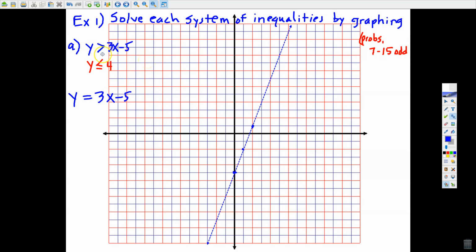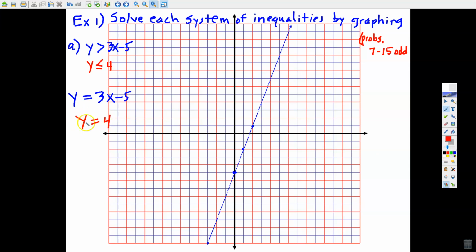Greater than, remember, refers to above the line. So if I was shading right now, I would be shading this upper part of the boundary. All right, so let's go ahead and do the boundary line. Think of this as y equals 4, so that we can sketch the boundary line.